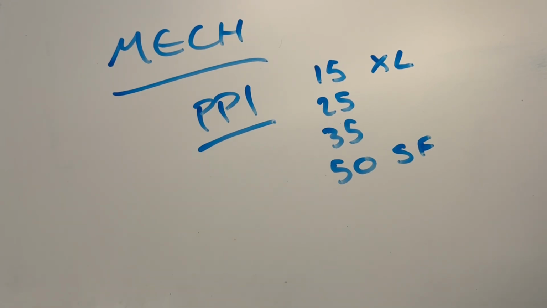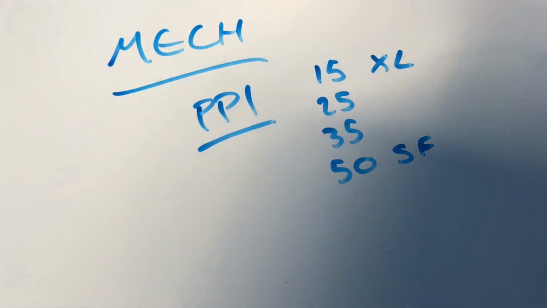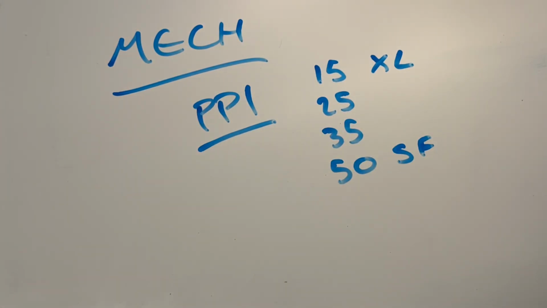However, there's no reason to just have one. You can have as many different grades as you like, and you can stack them. And this is often the most efficient way to make use of the space available to you inside a filter, be it a hang-on back, a canister, whatever you like.